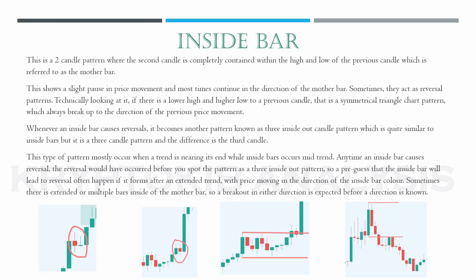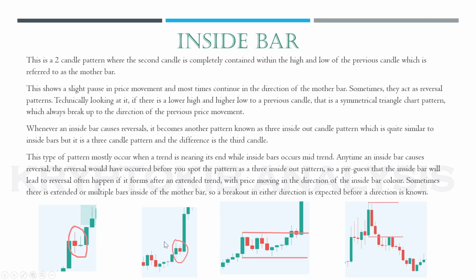Like I was saying, a pre-guess that the inside bar will lead to a reversal often happens if it forms after an extended trend, with price moving in the direction of the inside bar color. Sometimes there are multiple bars inside of the mother bar, so a breakout in either direction is expected before a direction is determined.